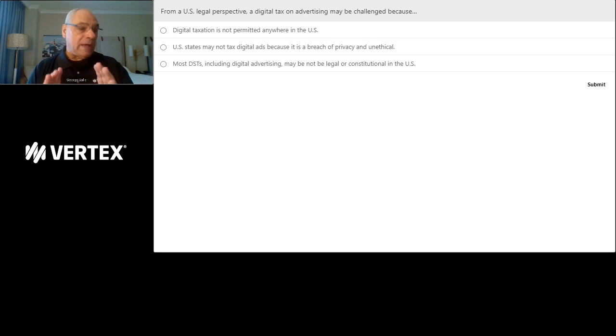From a U.S. legal perspective, a digital tax on advertising may be challenged because digital taxation is not permitted anywhere in the U.S., or the U.S. may not tax digital ads because it is a breach of privacy and unethical, or most digital service taxes, including digital advertising, may not be legal or constitutional in the United States. So please select your answer.